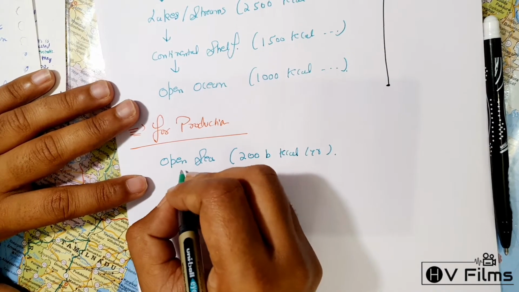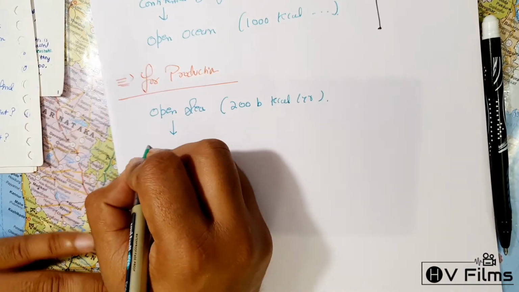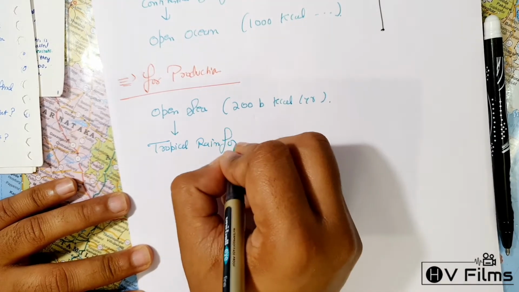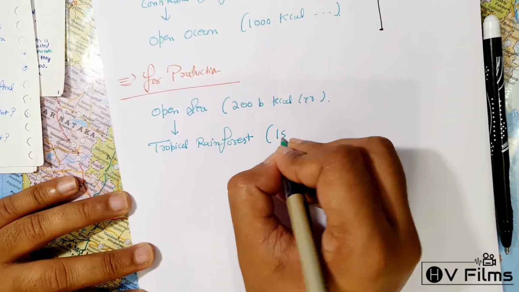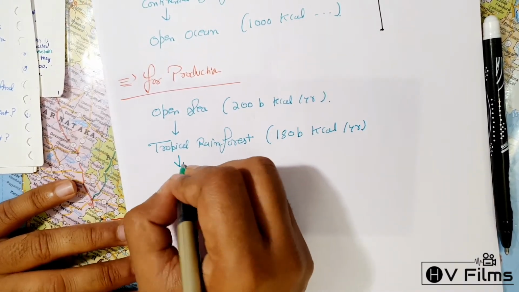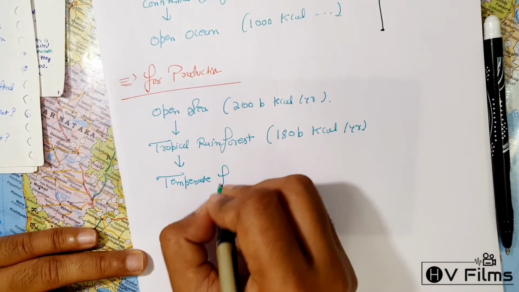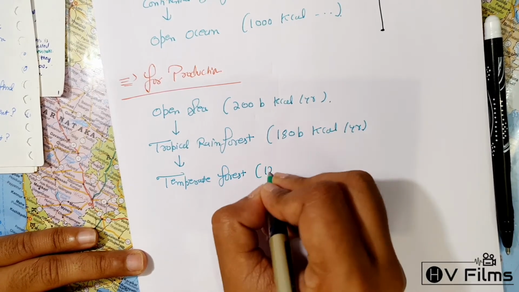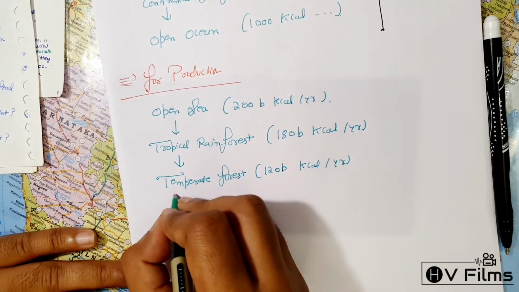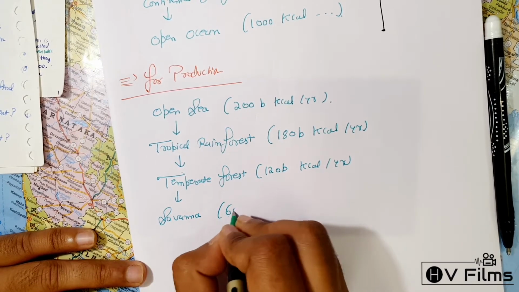So first is the open sea, then the tropical rainforest, which is around 180 billion kilocalories per year. Then temperate forest, that is 120 billion kilocalories per year. Then savanna, that is 60 billion.